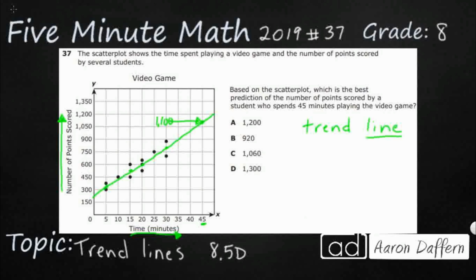And let's see where my numbers are. So I've got 1200. All right, so one option, A, puts me at 1200. I mean, that's close. I'm only 100 away.